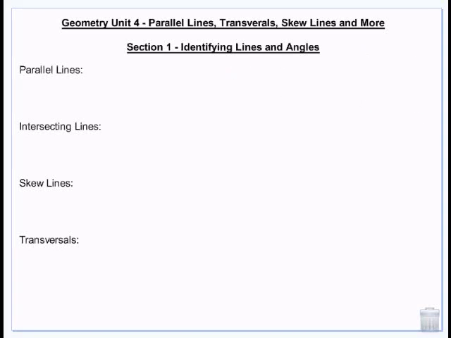So let's talk about what it means to be a parallel line versus an intersecting line versus a skew line. Parallel lines are lines that never intersect.